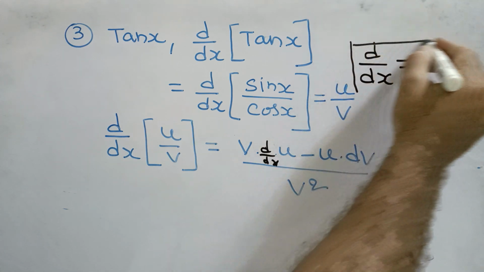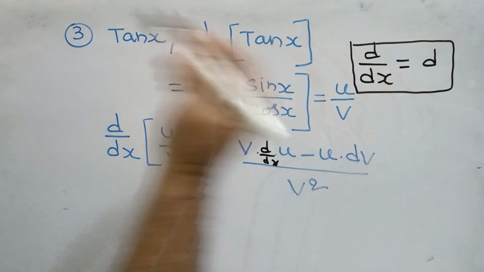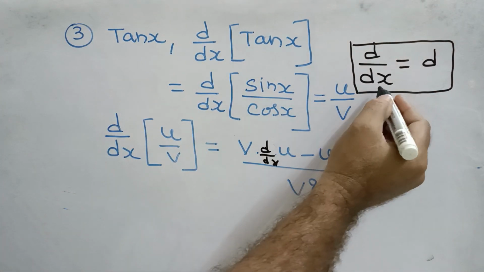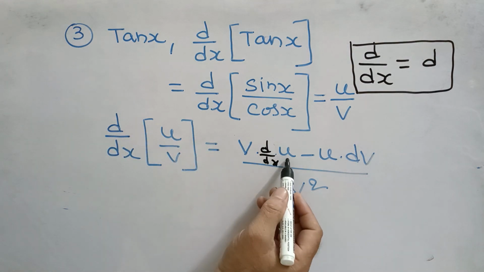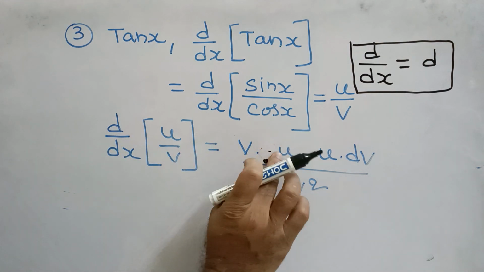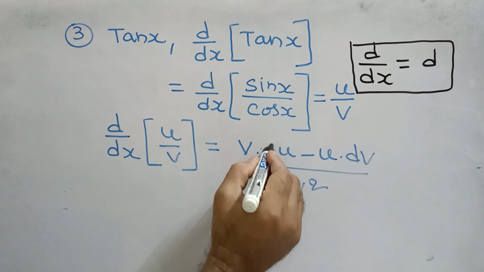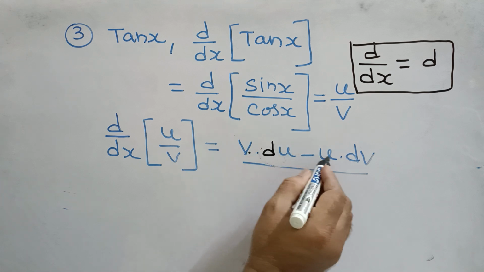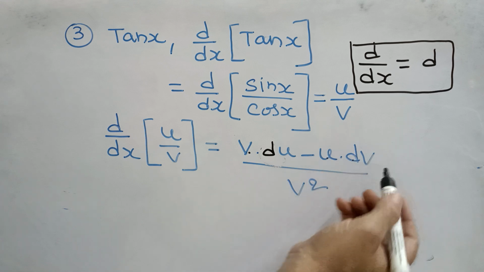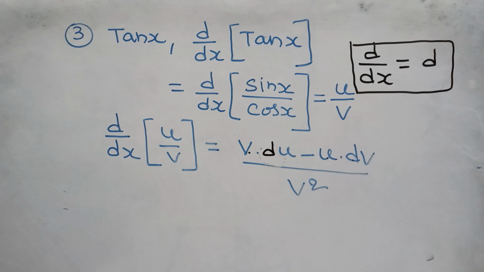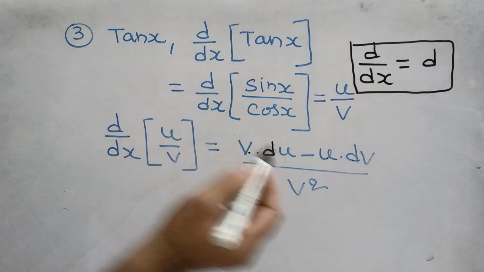Don't forget, in your higher classes, you will use this representation. D by dx can simply be denoted as d itself. So instead of writing d by dx, I am simply writing du. V du minus u dv. dv is nothing but d by dx of v, or simply dv. Nothing wrong in that.